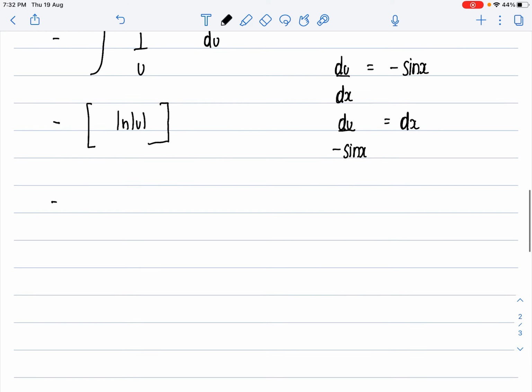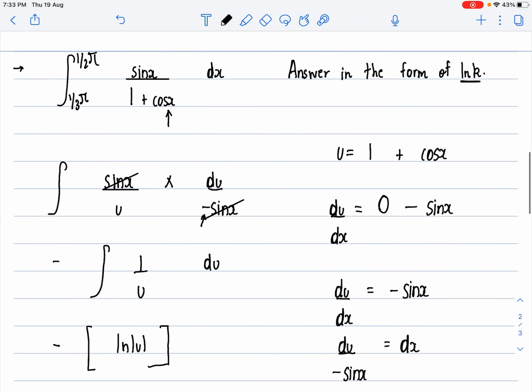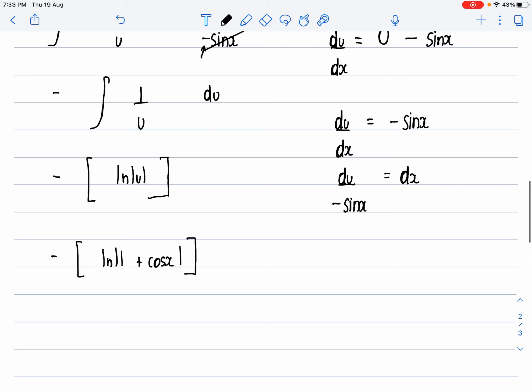So I can write this as minus ln of 1 plus cos x, with the limits, because now I've written everything in terms of x. The limits I have are 1 over 3 pi and 1 over 2 pi. So I can write this as 1 over 2 pi and 1 over 3 pi.